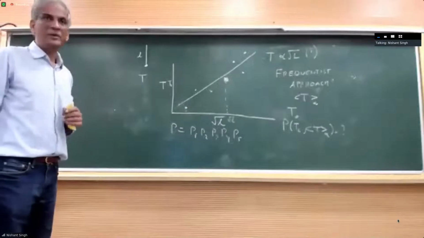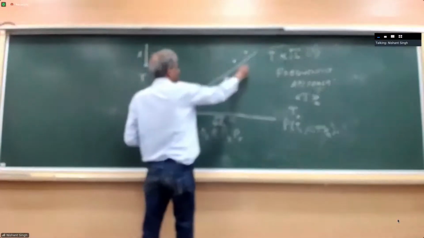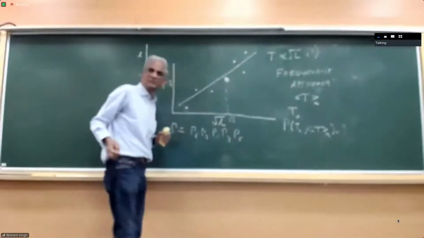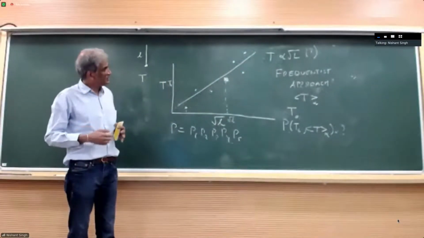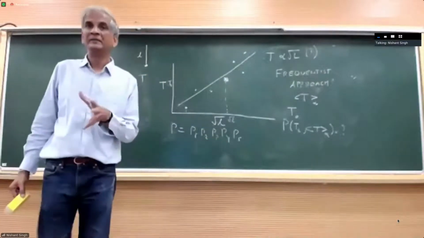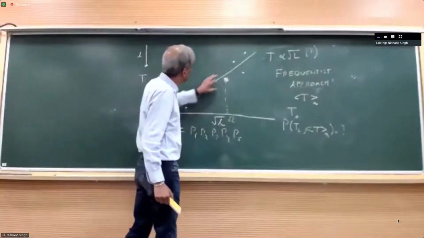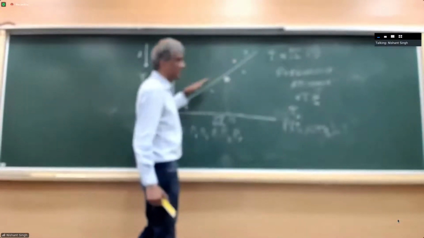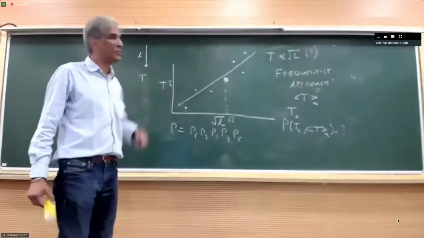If you repeat the experiment, you will get a very different answer, always. But what I would like to say is that if this probability is large, then I guess it's okay to say that the data is consistent with T being proportional to L.